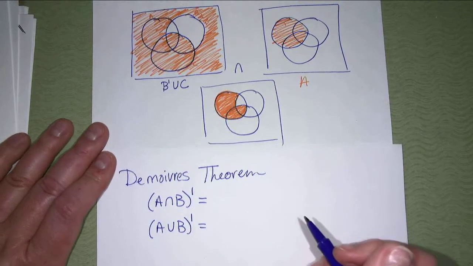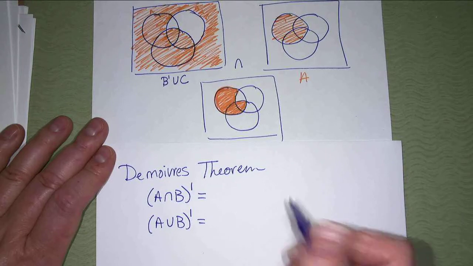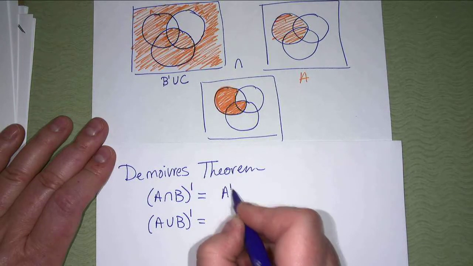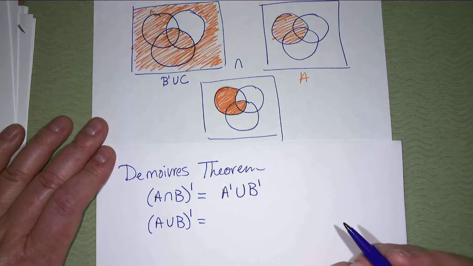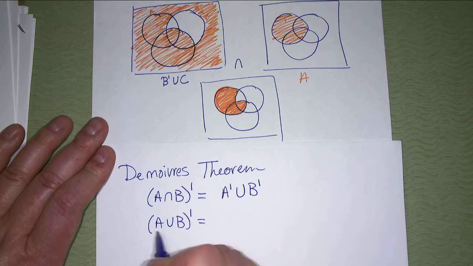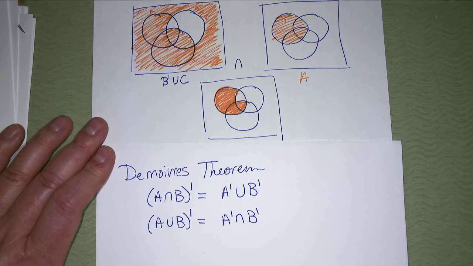So it happens that if you have A intersection B all prime, you want the opposite of that, it works out to the same as A prime union B prime. So you flip the sign. If you put the primes in it, it flips the sign. And this would be A prime intersection B prime. And you could try those by shading the two and seeing that they're equal.